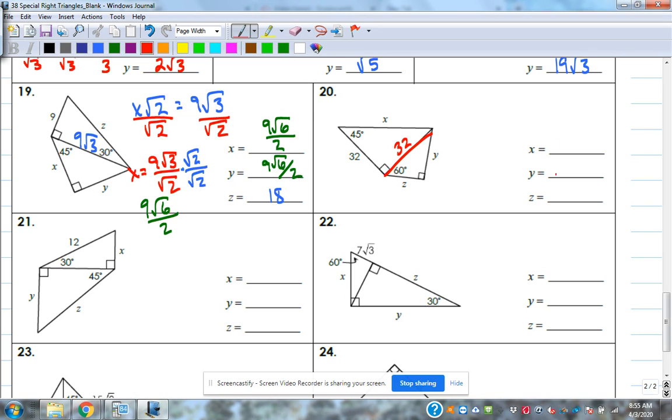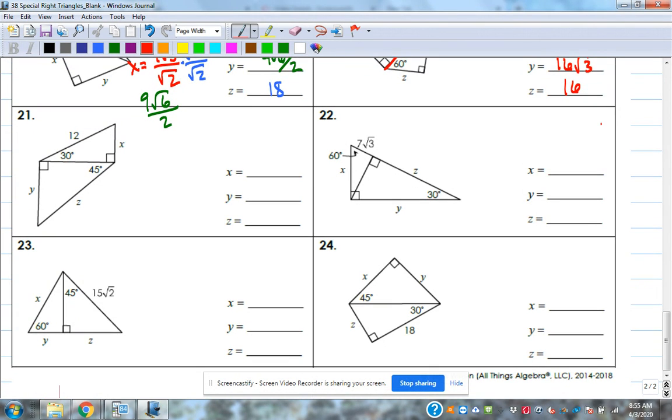Half of 32 would be 16. And we know that y is short side times radical 3, so 16 radical 3. And then hypotenuse of a 45, 45, 90 is leg times square root of 2, so 32 radical 2. And we're done.